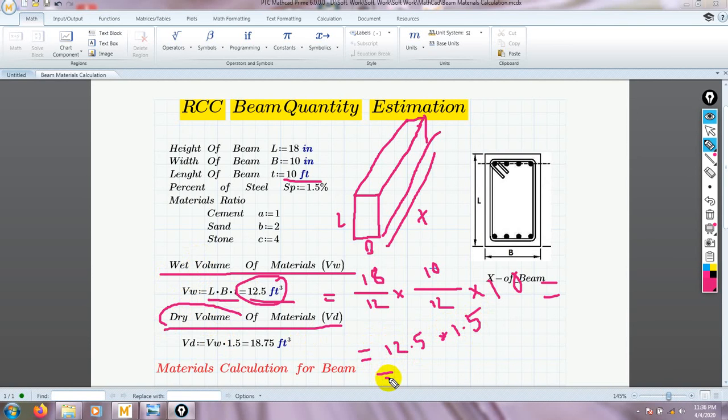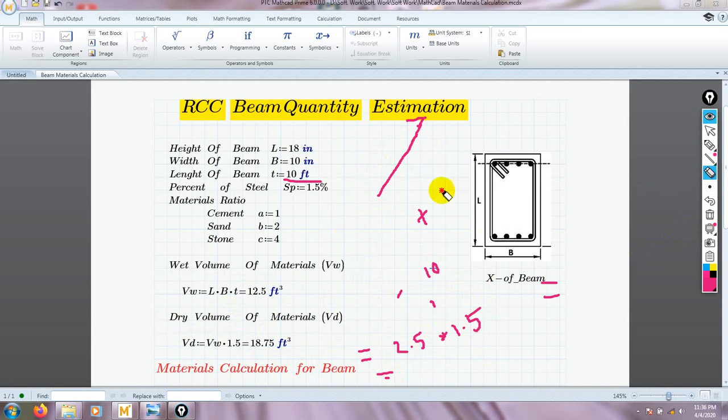If we calculate that, we'll find the value. The dry volume of materials is our required volume. So this is the dry volume of our materials. We have found that.